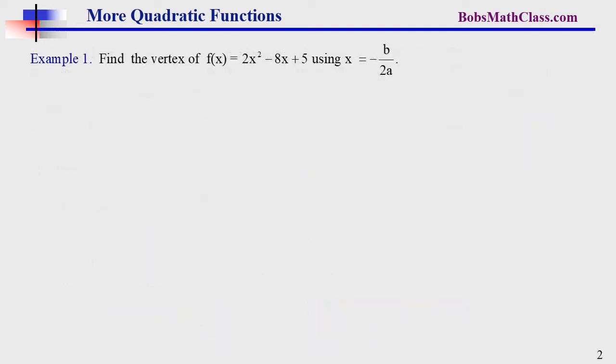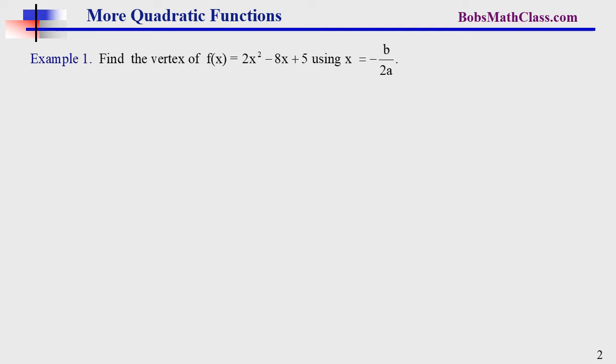Okay, so here's our first example. We have a quadratic function, f of x equals 2x squared minus 8x plus 5. We're going to find the vertex, so you just have to remember the formula, negative b over 2a.